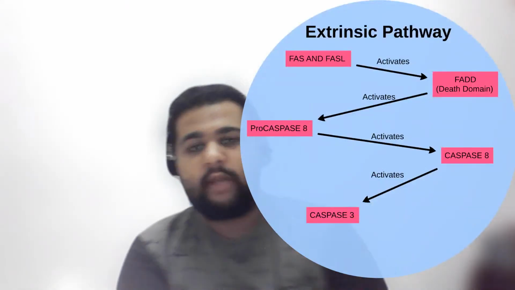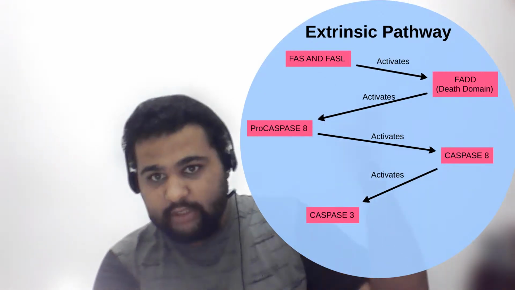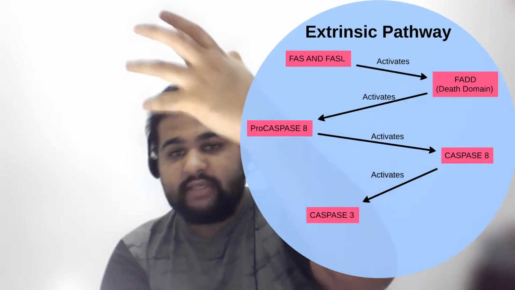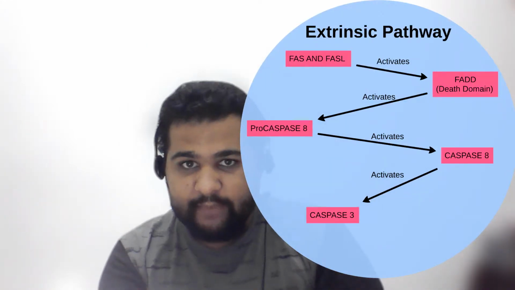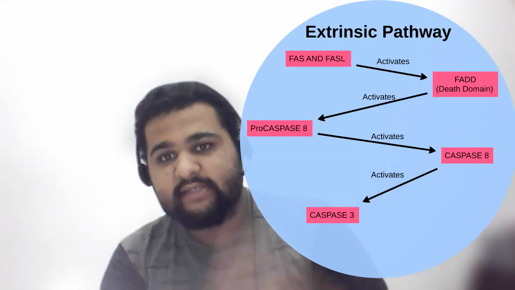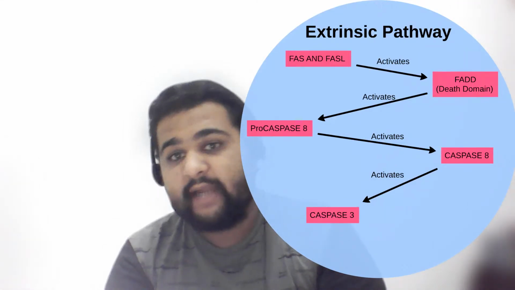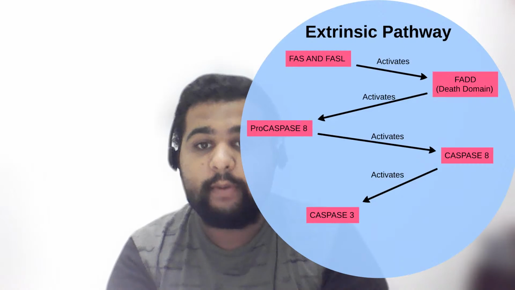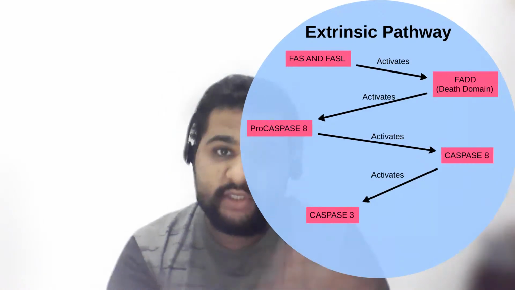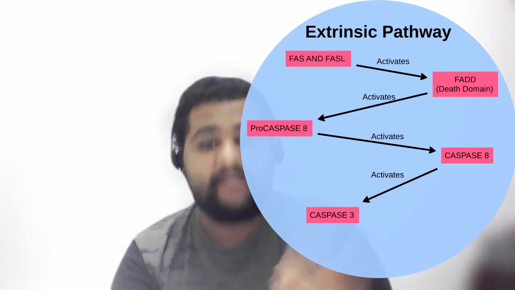So first off, let's look at the extrinsic pathway. The extrinsic pathway is pretty simple. It is when an exterior signal is sent to kill the cell. In this, the Fas receptor binds with the Fas ligand, and this activates FADD, the Fas-associated death domain, which in turn activates or cleaves pro-caspase 8 and turns it into caspase 8.